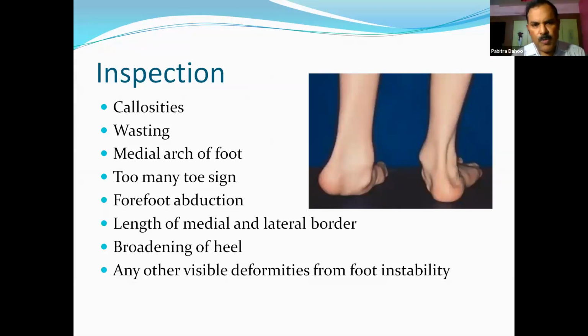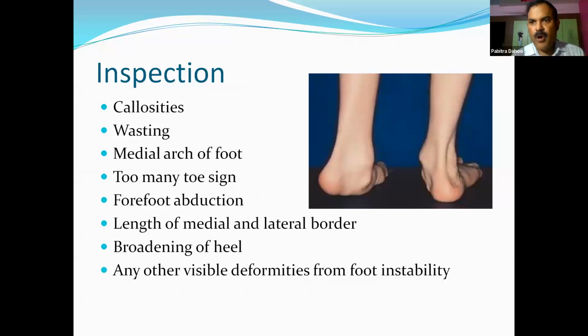So forefoot abduction also one should look for, because in adult cases of CP, when you fail to manage the foot and ankle by foot and ankle orthosis, that time the surgical intervention is required, where we go for lengthening of the lateral border of the foot. So this is the important clue point. How you are proceeding to manage length of the medial border and lateral border is important.